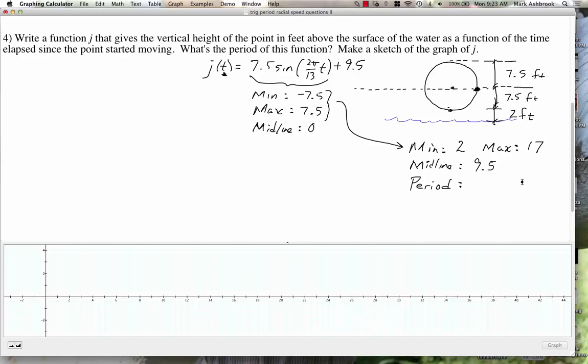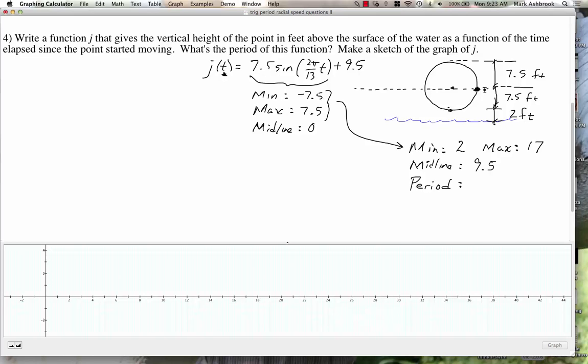Let's see. Braden, what do you think? What's the interval of input that gives a full cycle of output? Again, is it time or angle measure? Time.